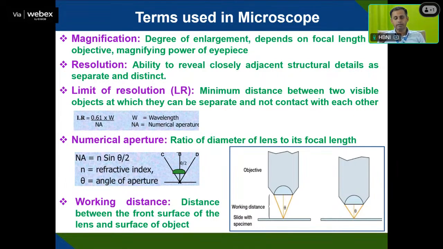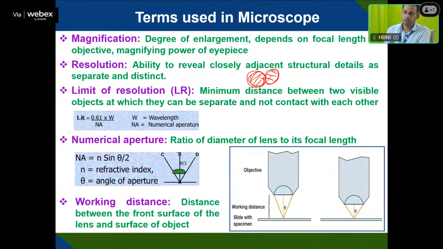Then you have resolution, the ability to resolve two adjacent structures. If one object is here and another object is near it, to identify that interface you need the ability to resolve these two images. And you have the limit of resolution, the minimum distance between two visible objects which can be separated and are not connected to each other.